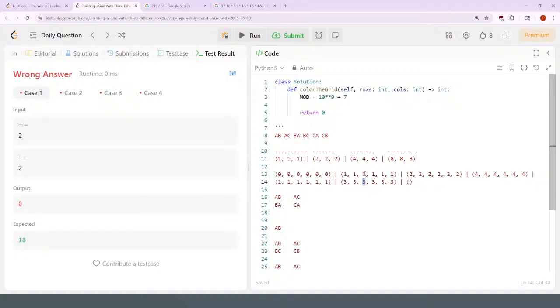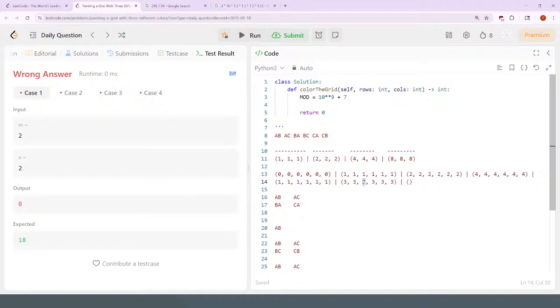So BA here, so if there's a BA here, then it could be BC or BA here. The number of ways this thing ends in BA and BC is 2 and 2.